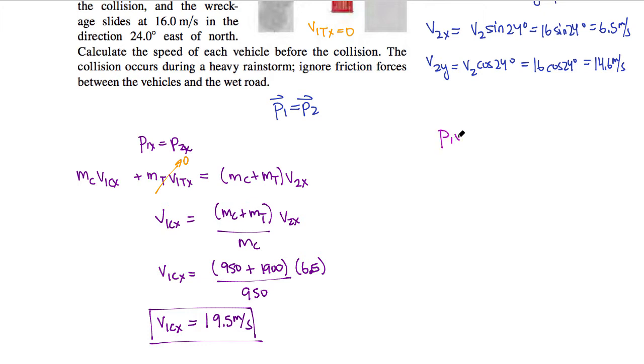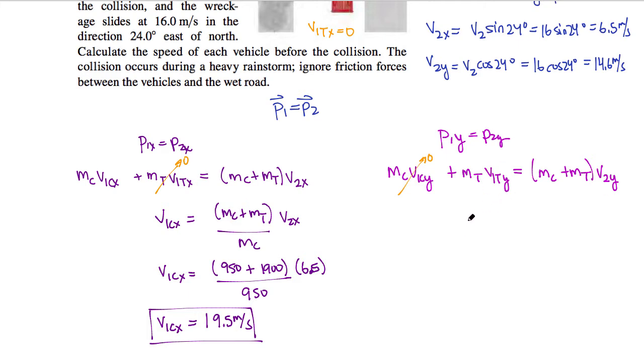So P1y is equal to P2y. So setting this up, I have the mass of the car times V1 of the car in the y direction plus mass of the truck times V1 of the truck in the y direction is equal to the masses together times their final speed in the y direction. So again, we can make a simplification. The car's initial speed in the y direction is 0, so this term is 0.